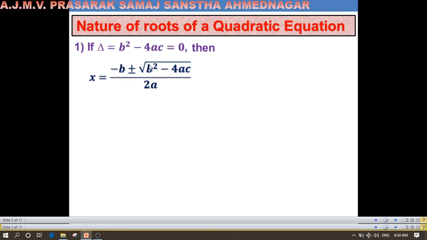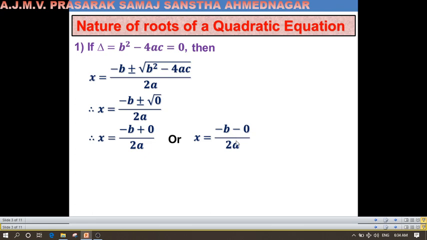But delta is 0, so x is equal to minus b plus minus root 0 upon 2a. Root 0 is 0, therefore x is equal to minus b plus 0 upon 2a, or x is equal to minus b minus 0 upon 2a. Therefore x is equal to minus b upon 2a, or x is equal to minus b upon 2a.